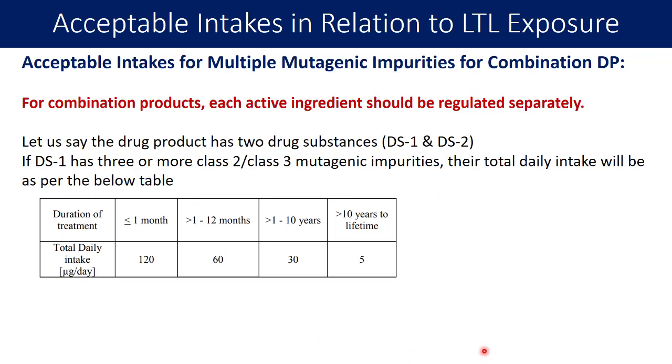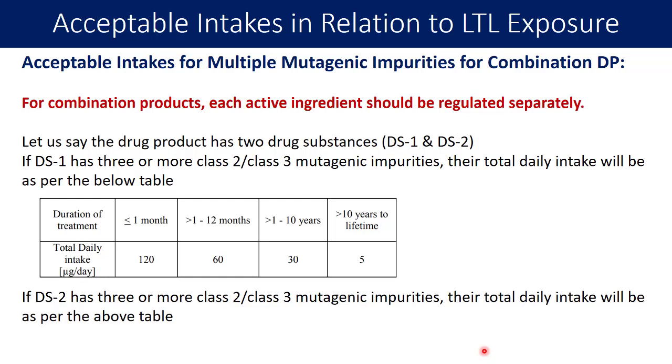And I explained how to define the limit. So this is again separately for drug substance 1, and in a similar way you can also define the total intake for all mutagenic impurities present in drug substance 2 as per the similar table.